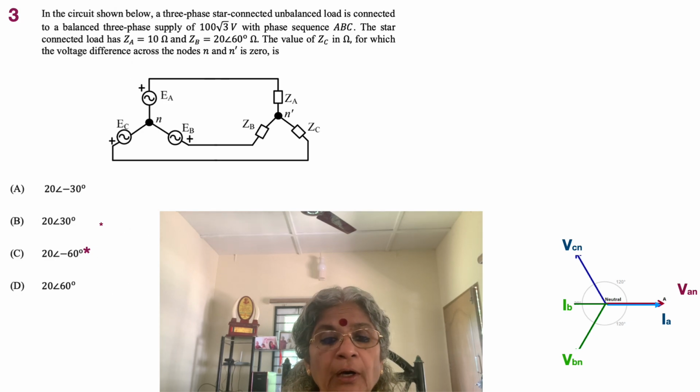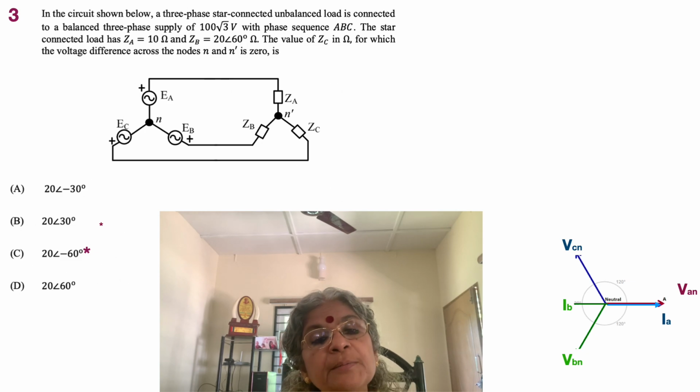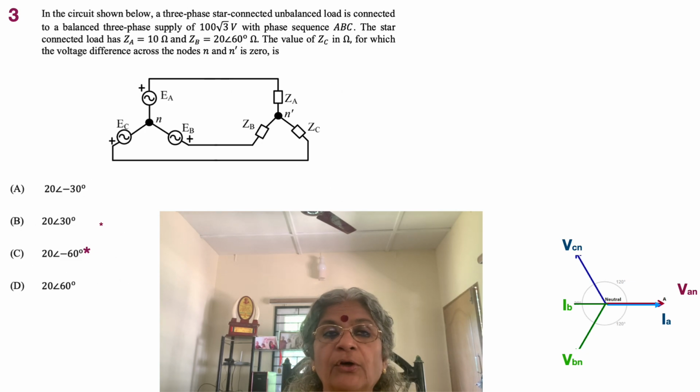Moving on to the other two. Of course, we see that we have ZB equal to 20 angle 60, and its complement will always be 20 angle minus 60, as we saw in the earlier problem.